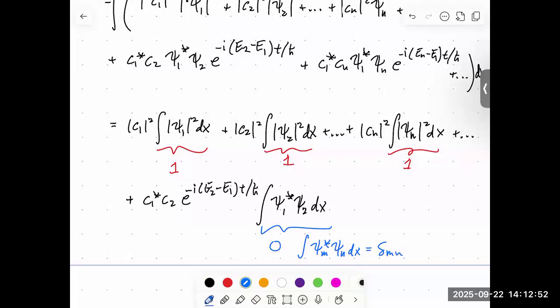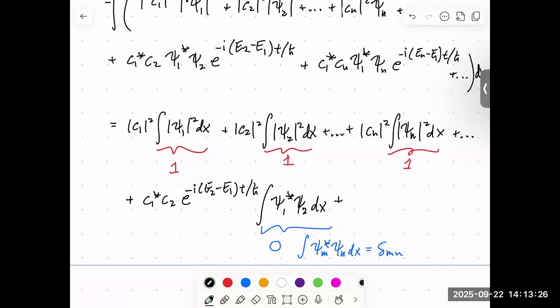It encapsulates the normalization requirement, where if m is equal to n, this has to be equal to 1, and the orthogonality requirement, where our stationary states, when you evaluate this integral, evaluate to 0 if m is not equal to n. And this is the property that's going to make this expression look so clean, even though we started with something that was rather, well, let's say, intimidating.